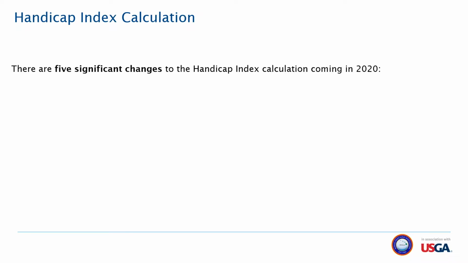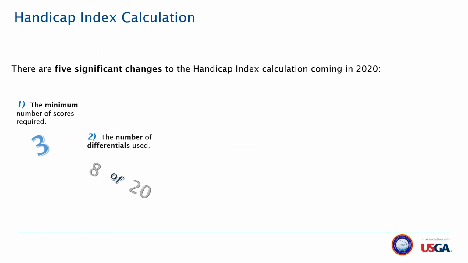So number 1, we've got the minimum number of scores required. So in 2020, the minimum scores required will be 3 18-hole scores. Number 2, we'll be using 8 differentials out of 20 to calculate the handicap index.